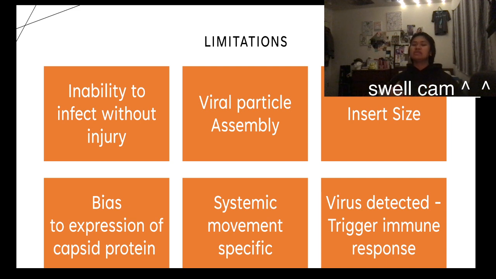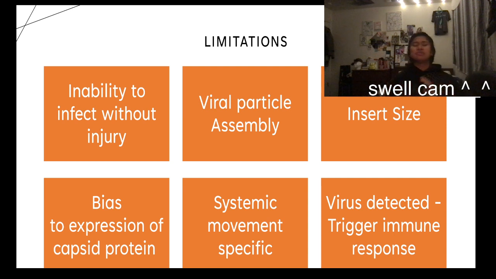Another limitation that was found was the viral particle assembly, which affects the effectiveness and adequacy of the whole process of producing your protein, as your viral particles aren't assembling, so you're not having as many workers, per se, to produce your protein of interest.